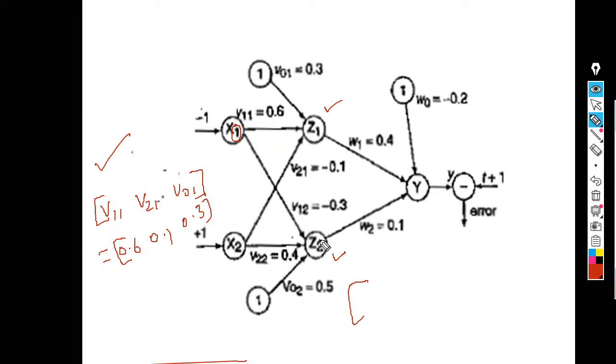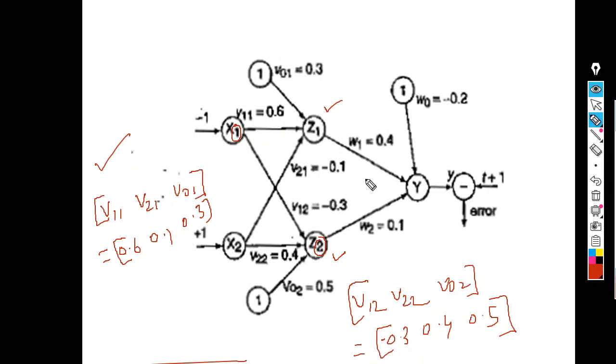Then the next one coming is v22, and next is v02. So v12 is minus 0.3, v22 is 0.4, and v02 is 0.5. So this is done, the second input.